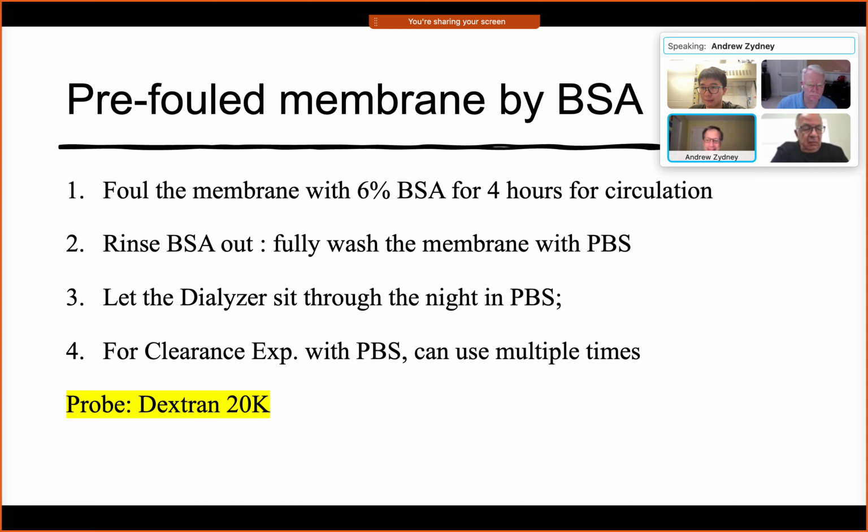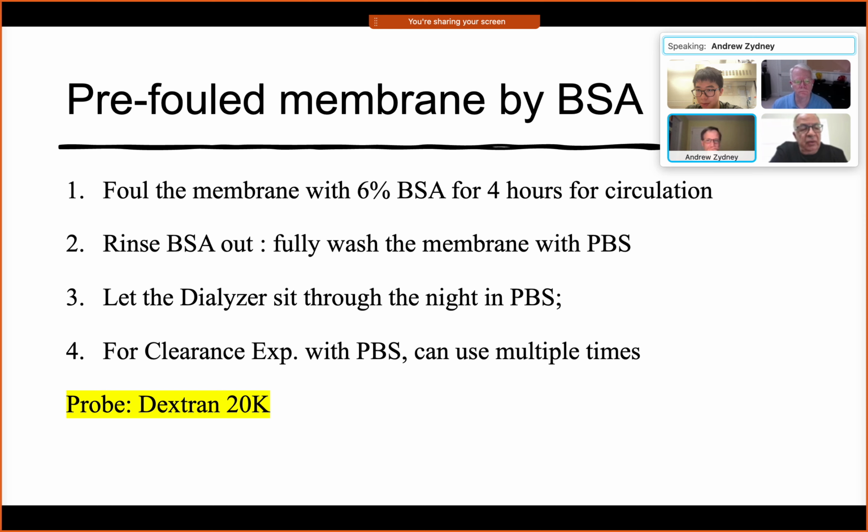So, I would definitely take the dialyzer, measure the clearance inside out, measure the clearance outside in. Then I would take that and do the fouling on the inside and measure the clearance inside out. And then you'd have to take a separate fresh dialyzer to foul on the outside in configuration.